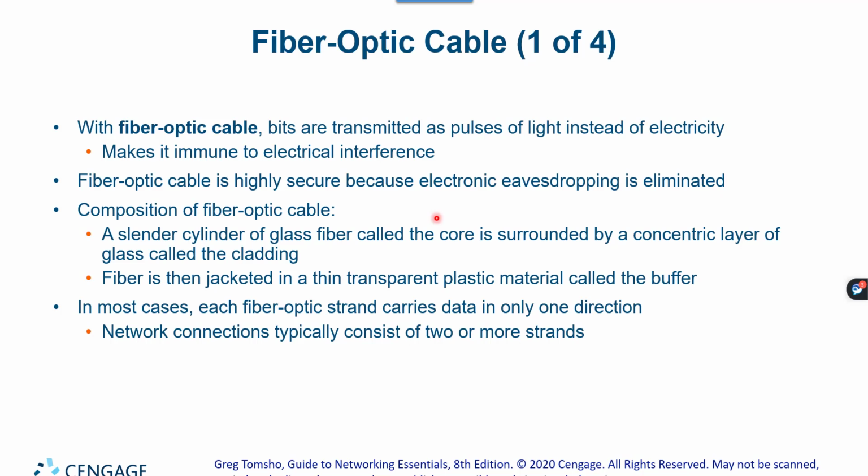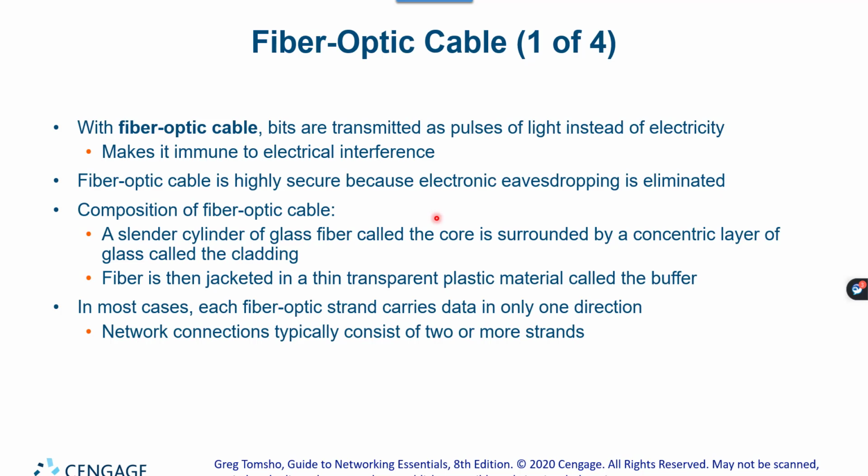So we're going to use the more dense cladding to reflect the signal back into the cable so it doesn't get lost. The fiber is then jacketed. That means on the outside, they're going to have PVC or some kind of plastic material called the buffer. And then they're going to have something on the outside to protect it from the elements.